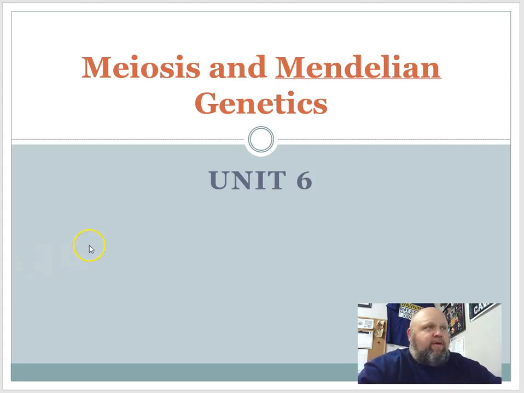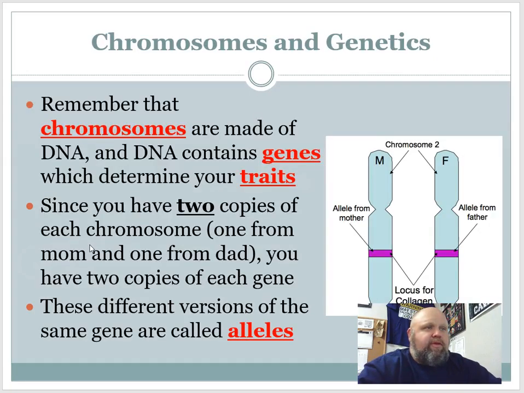Alright, so we are going to start with remember. Remember that we have chromosomes. Our DNA coils up into these chromosomes, and on those chromosomes are our genes. Each gene codes for a certain trait. Alright, so we have many genes on each chromosome.